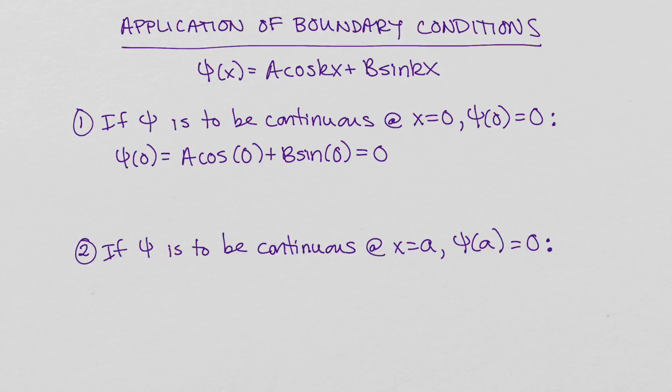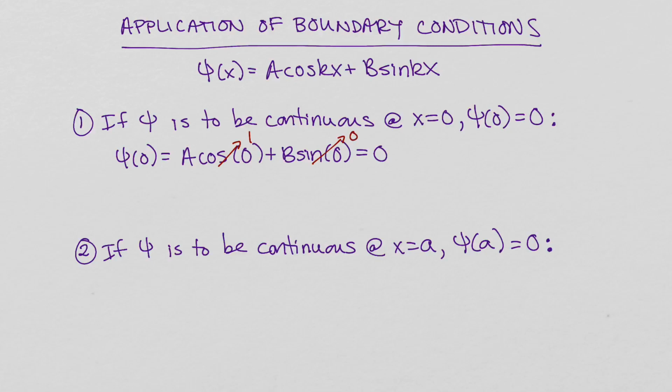Okay, so boundary condition is at x equals 0, our psi of 0 must be 0. If we plug in 0 wherever we see an x in our general solution, we end up with this equation, and now we just start evaluating it. We know some things about cosine and sine at 0: cosine of 0 is 1, sine of 0 is 0.